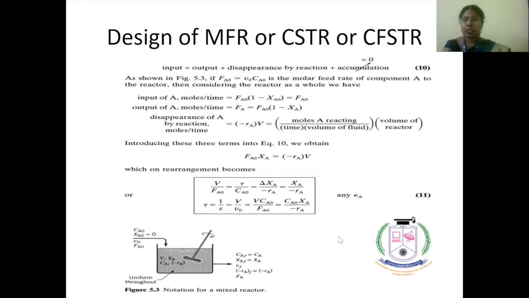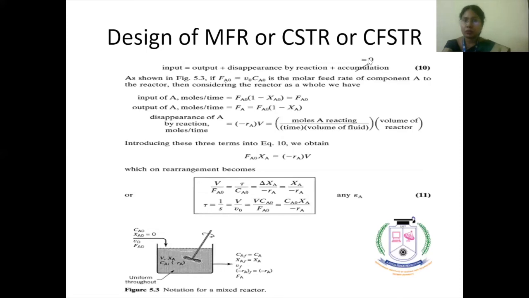First we'll consider the design of an MFR, otherwise known as CSTR or CFSTR. The speciality of the MFR is that the conditions inside the reactor are the same as the conditions outside the reactor. Starting from the material balance, input is equal to output plus disappearance by reaction plus accumulation.